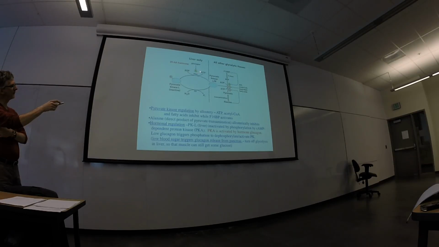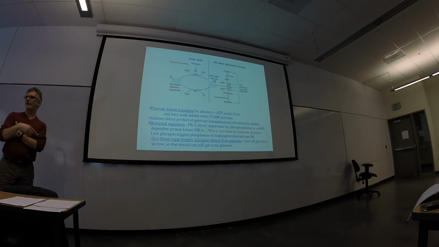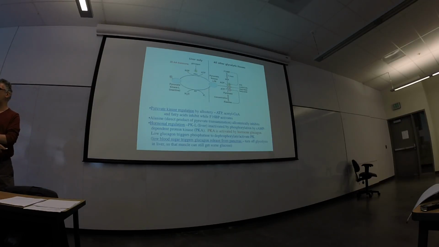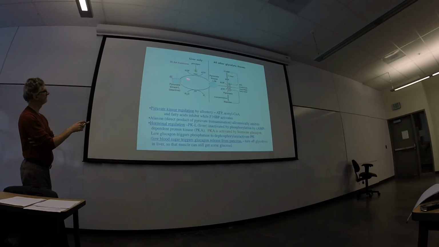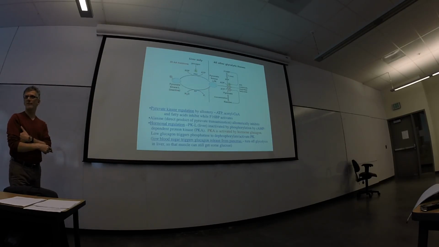Activates this enzyme, which uses ATP to transfer phosphate onto the glycolytic enzyme, and in this state, it's inactive. So maybe the phosphate is like right in its active site, can't find PEP anymore, or whatever, something like that, right? And then there's a phosphatase around that can also get triggered, and the phosphatase gets triggered when the glucagon concentration becomes low.